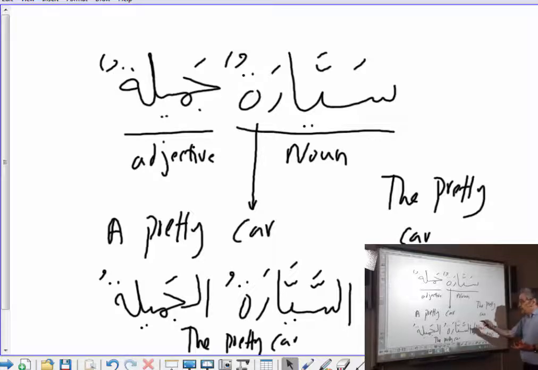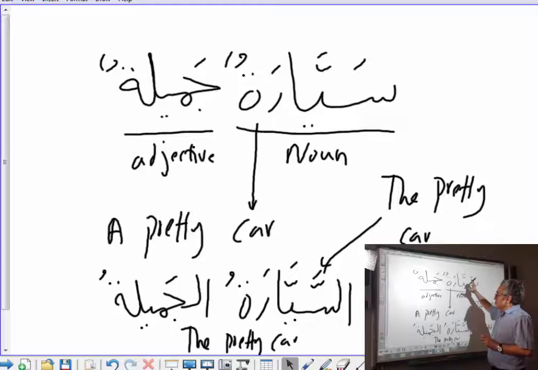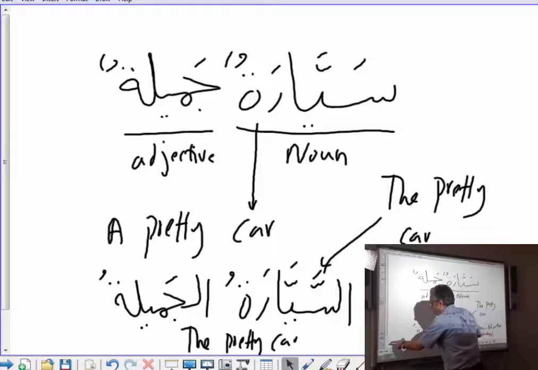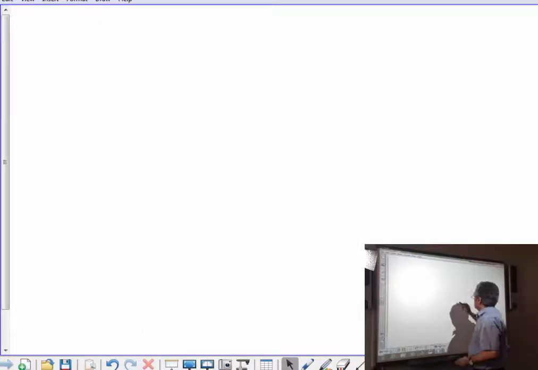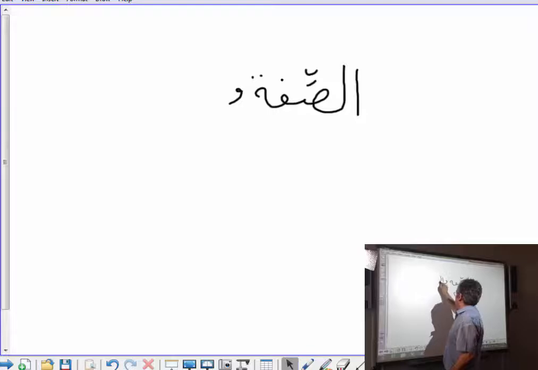So السيارة الجميلة, the pretty car, while سيارة جميلة, a pretty car. This is very important. One of the most important structures in Arabic is the noun adjective structure, which we can also call الصفة والموصوف.